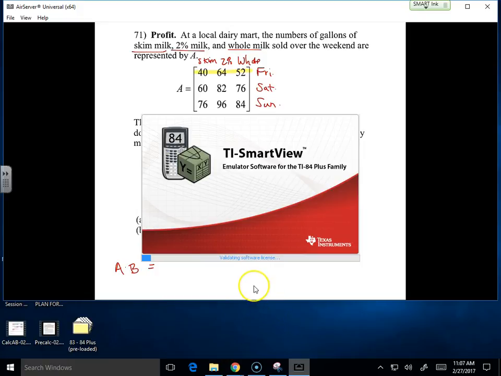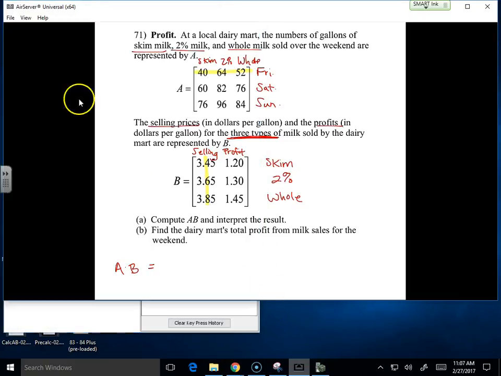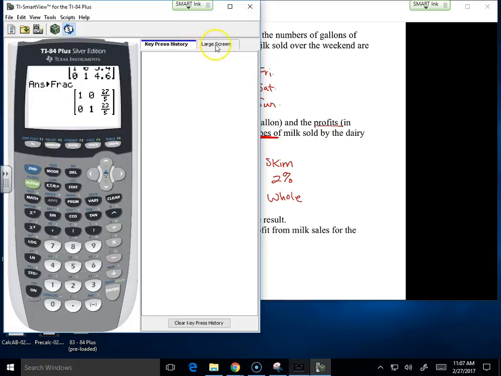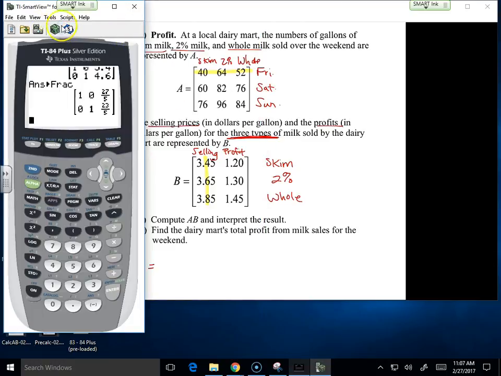We get to use our calculator. The more rows you have, the more work it is. We get to use our calculator. Yes, we had 3 by 3 for A. You could call B A and A B, but that'd be confusing.